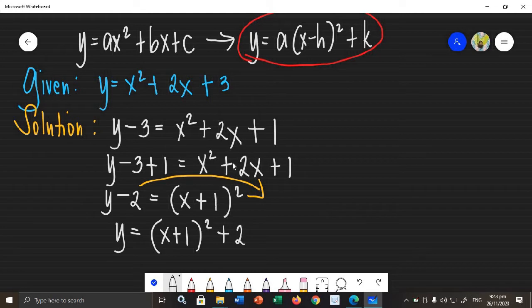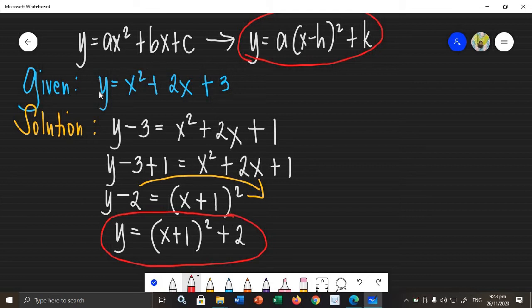And if you are wondering where the a is, when there is no a written there, that is an invisible 1. So, looking at our answer, it is the same as the form we wanted. y is equal to quantity x plus 1 squared plus 2. There is no a because when it is missing, it is equal to 1. Invisible 1. Always remember. So this is now your answer.